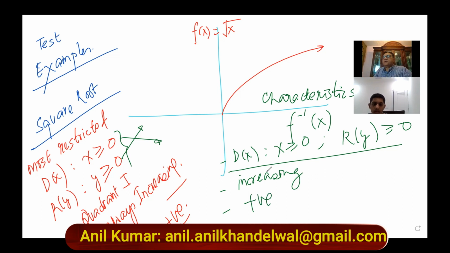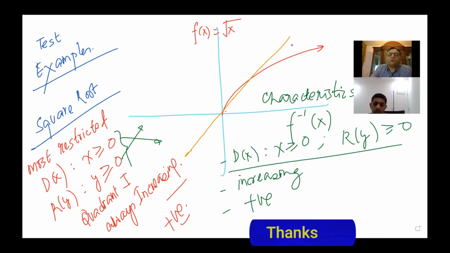So inverse we find because we are basically reflecting it on a line which is y equals x, correct? Do you see that? So if I reflect it on this line, what do I get? I get something like this, like a parabola first leg, right? You see always increasing in first quadrant.